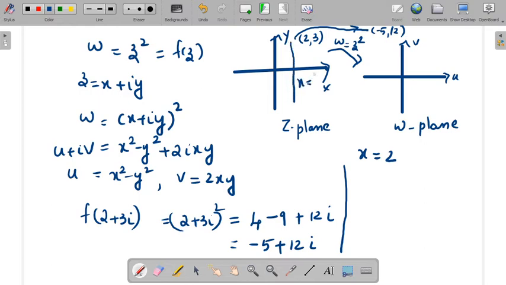When x is 2, u is 4 minus y square. These are our equations of transformation from x and y to u and v. So u is equal to 4 minus y square and v equal to 4y.